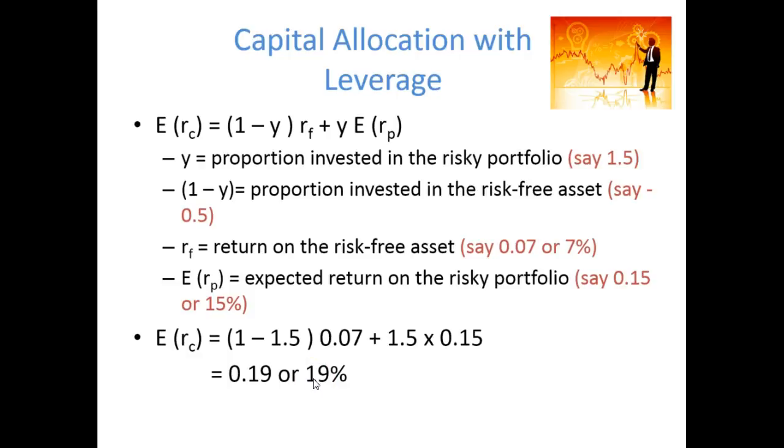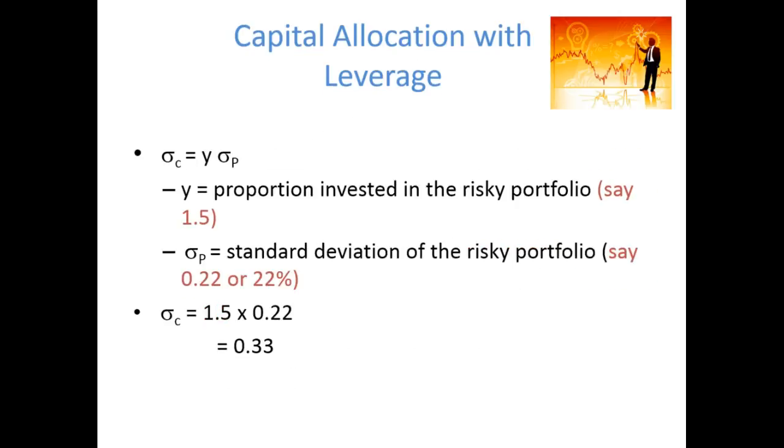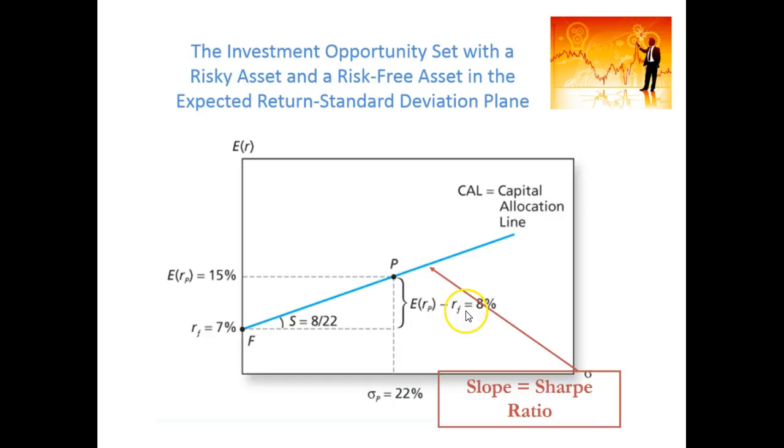Okay, so by using leverage, we've increased our expected return. But what do we know about increasing expected return? We tend to also increase risk. So we can also calculate the standard deviation of our complete portfolio using the same values as before. Our standard deviation of the complete portfolio in this particular case is 33%.